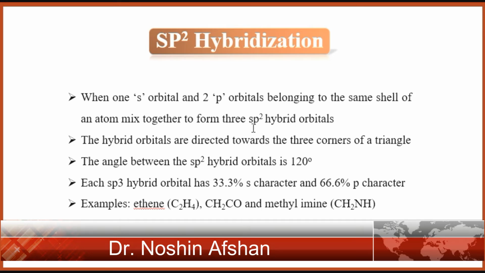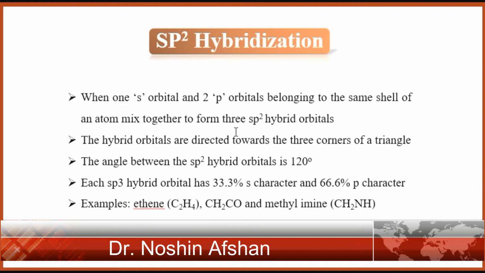So in this case, as there is only one s orbital and two p orbitals, 1 plus 2 would be equal to 3. So these make up the 3 sp2 hybrid orbitals, and as there are two p orbitals, that 2 has been indicated as the superscript of the letter p.